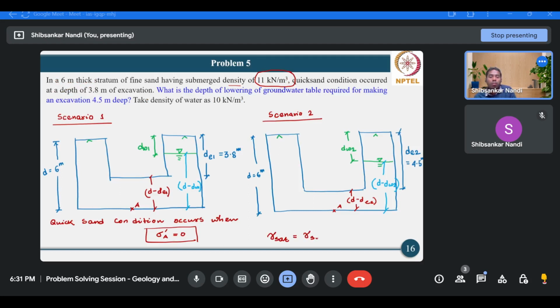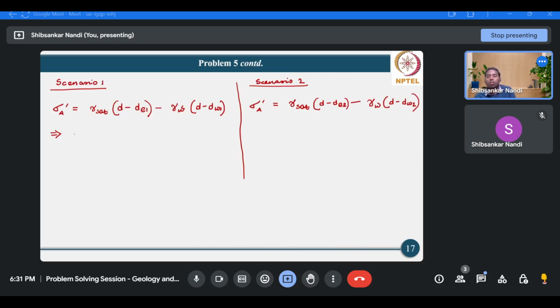Gamma sat would be gamma sub plus gamma w, because gamma sub is gamma sat minus gamma w. So gamma sub plus gamma w times d minus d1, minus gamma w times d minus dw1 equals 0.